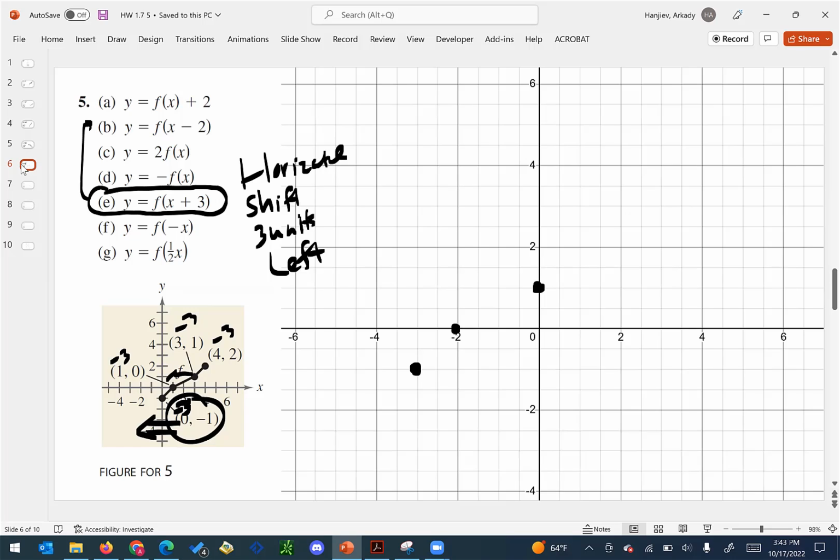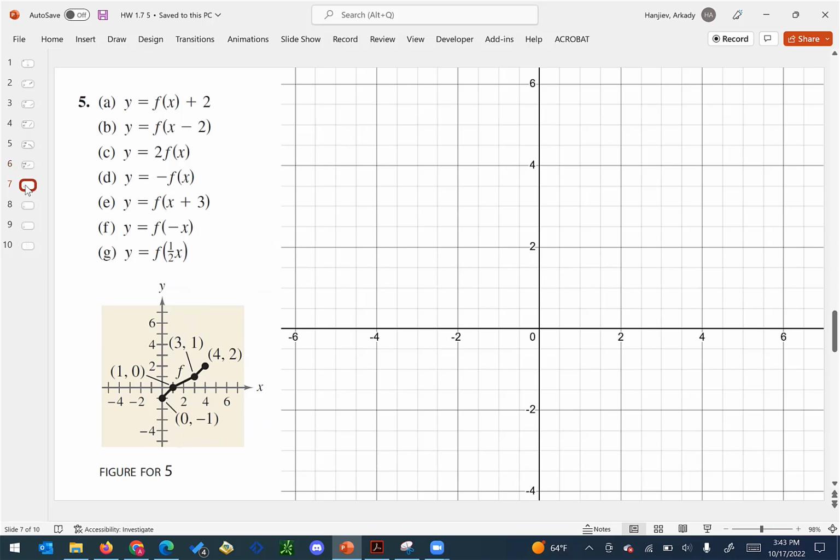This one just shifting over. And then this one shifting over. It becomes 1, 2. So there it is. Should be a graph that looks like this. If you got those points, that's cool. Next.